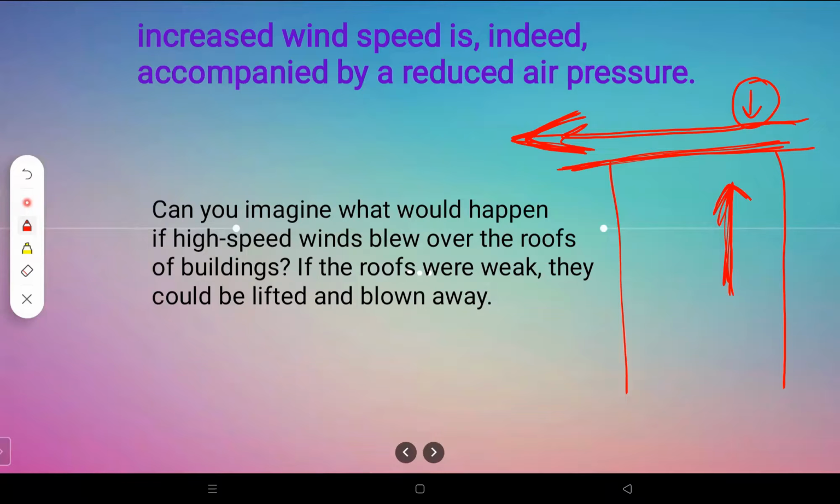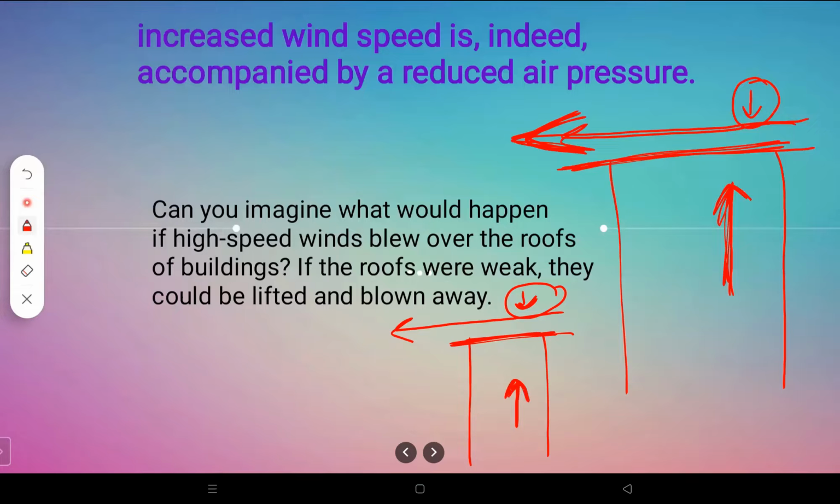When high speed wind moves over the roof, the pressure over the roof will decrease. Right? Do you understand this? The pressure will decrease over the roof. But the pressure below the roof is very high.